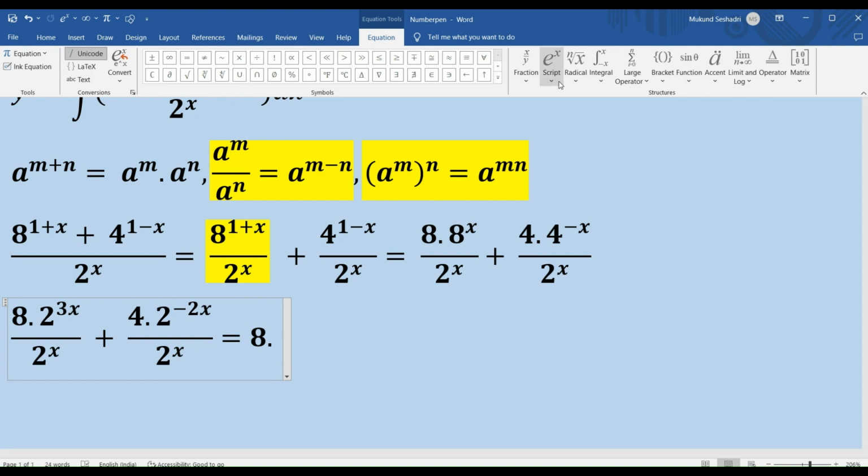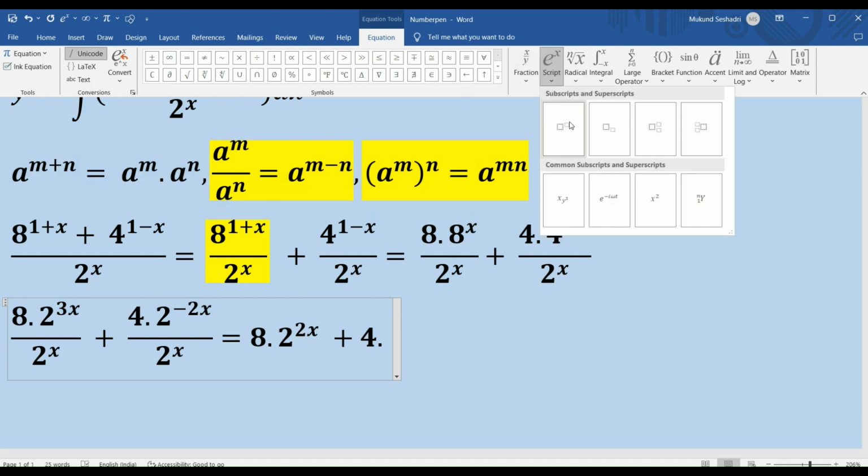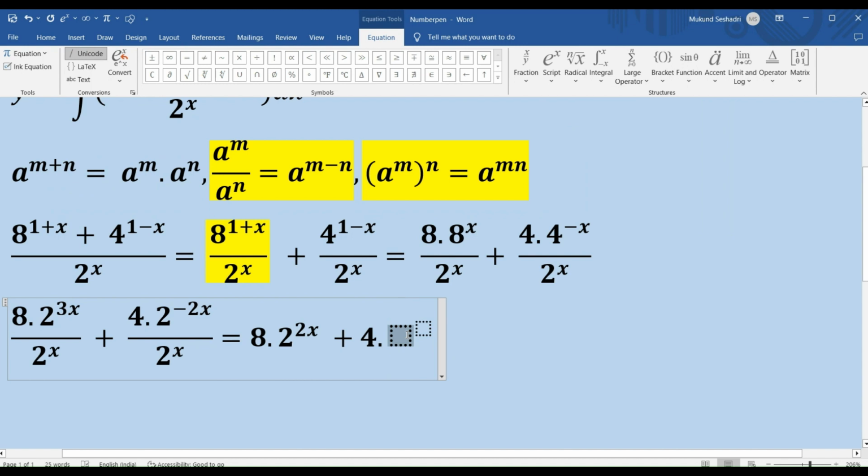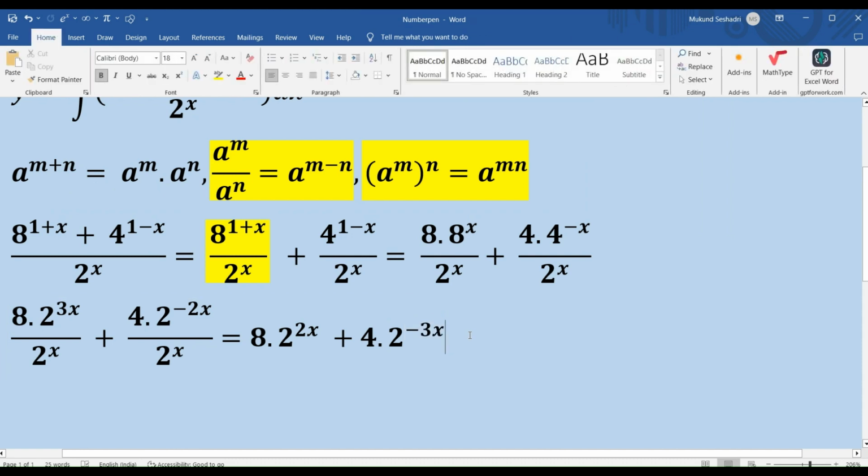It's nothing but 2 to the power 2x, right? And then similarly, I have plus 4 times 2 to the power minus 2x divided by 2 to the power x. Again, I apply the same formula, and what do I get? 2 to the power minus 2x minus x, which is nothing but 2 to the power minus 3x, right? So it looks like we have simplified this, right?